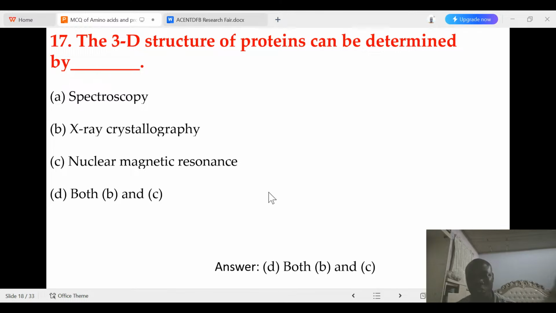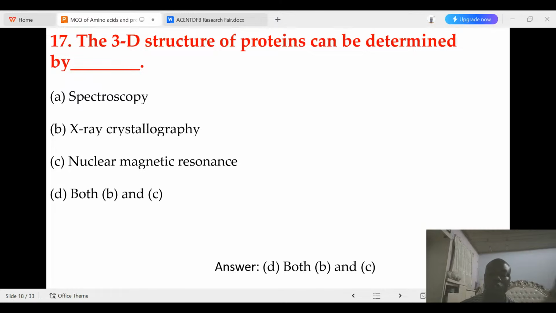Ladies and gentlemen, you shouldn't forget this. The two major techniques used in determining the 3D structure of proteins are X-ray crystallography and nuclear magnetic resonance. So the answer is options B and C.